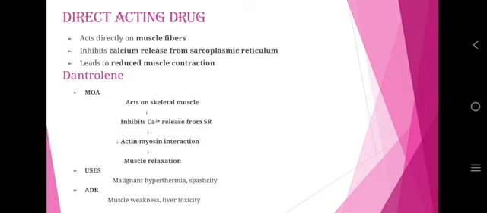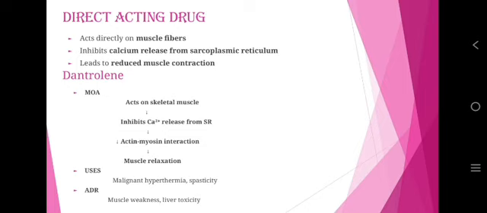This directly acting drugs inhibit the calcium release from the sarcoplasmic reticulum. This leads to reduced muscle contraction. Dantrolene is the most commonly used directly acting drug. This dantrolene is most commonly used as a peripherally acting skeletal muscle relaxant.